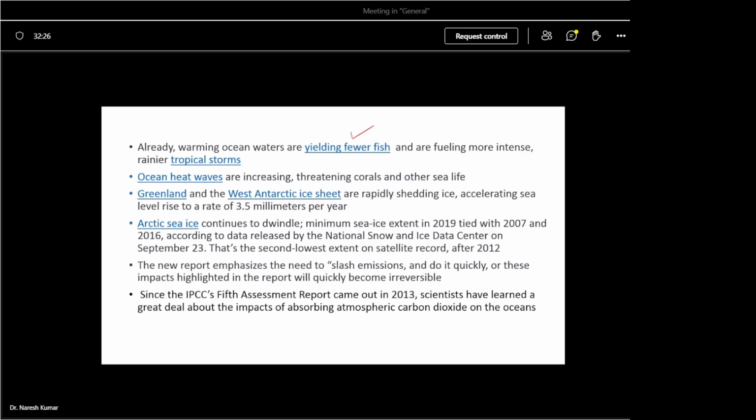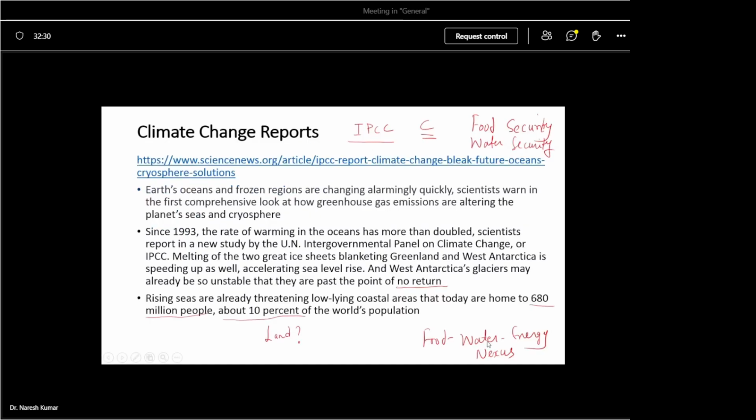So when I say food, water, energy nexus, for example, if there is no water, we'll not be able to grow food. If there is no energy, we'll not be able to run, for example, water pumps. And if we're not able to get energy and water, we'll not be able to grow food. So that is the link, that is the connection.